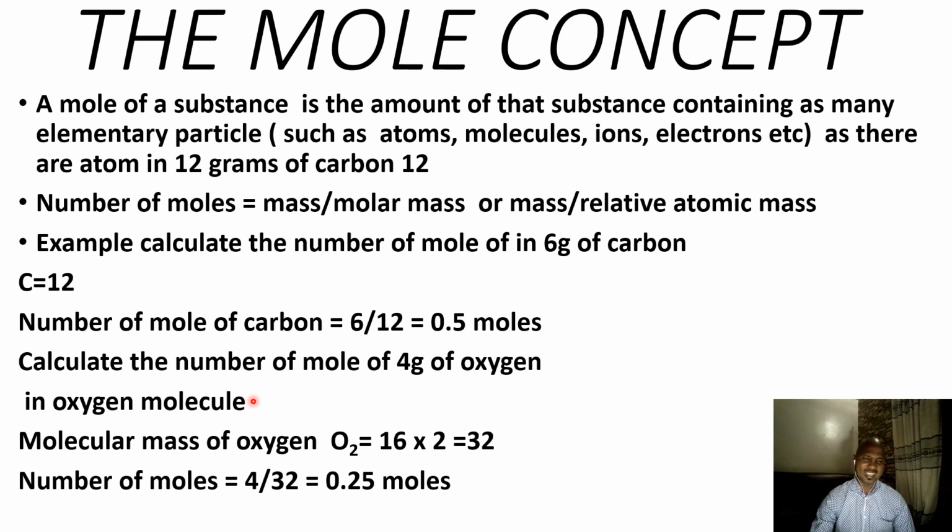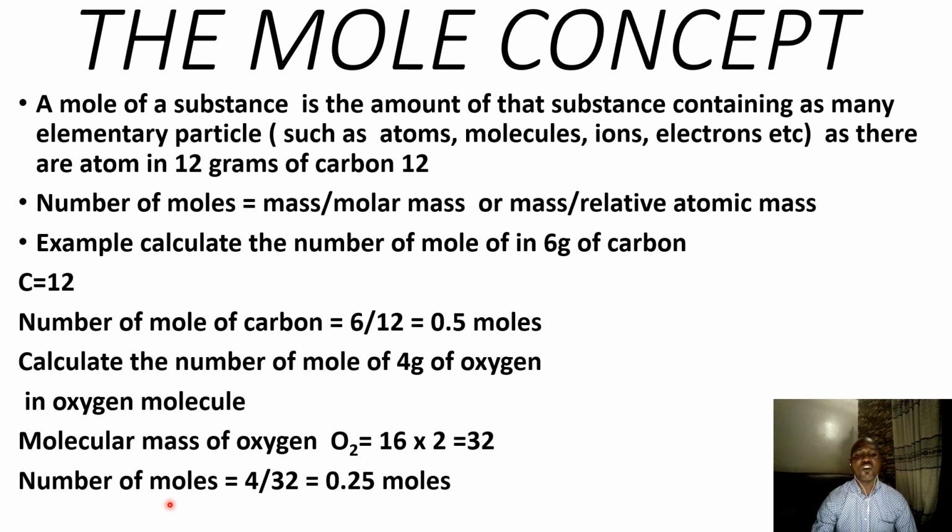Another example again is calculate the number of moles of 4 grams of oxygen in oxygen molecule. Remember here we are talking about oxygen molecule. So the formula for oxygen molecule is O2. So the molar mass of oxygen molecule is 16, which is the atomic mass of one oxygen, multiplied by 2 to give you 32. Now, when you say molecular mass, it's going to be 32 grams per mole.